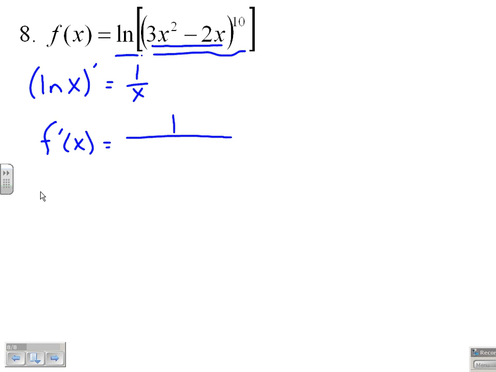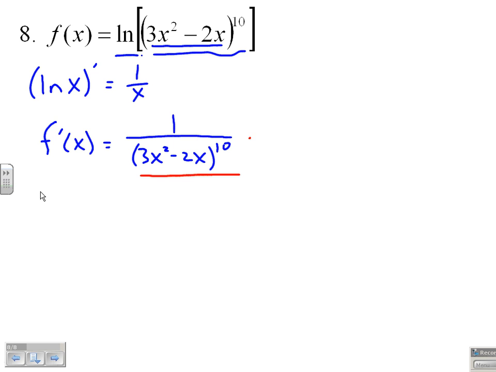I'm not finding the derivative of ln x. I'm finding the derivative of ln of 3x squared minus 2x to the 10th. My inside function now is all of 3x squared minus 2x to the 10th. What have I found so far? My outside derivative, 1 on, my inside function, including the exponent to the 10th.